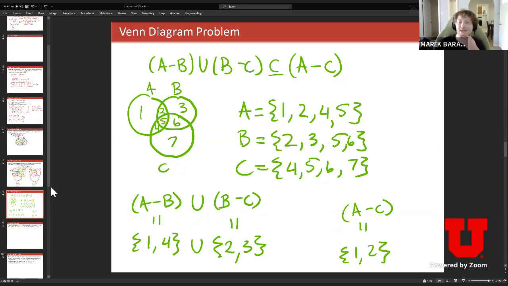And we can see that this union here is not a subset over here, because, for example, 3 is in the left-hand side, but not in the right-hand side.